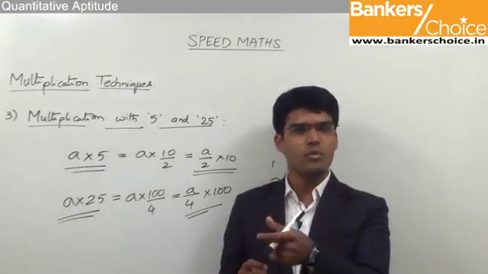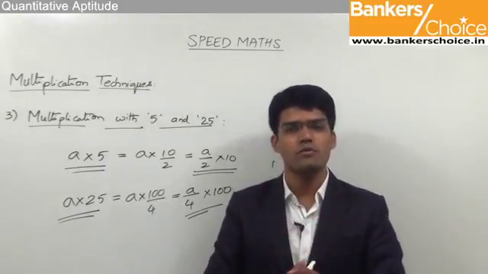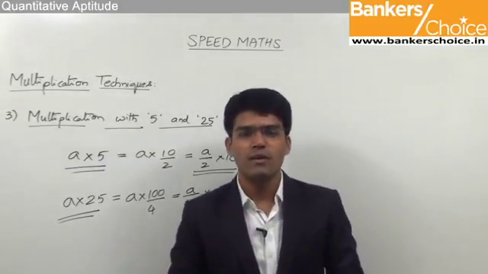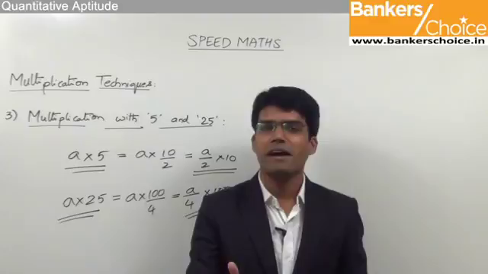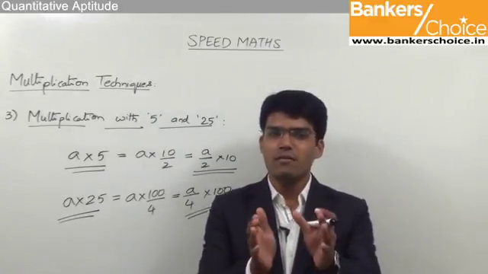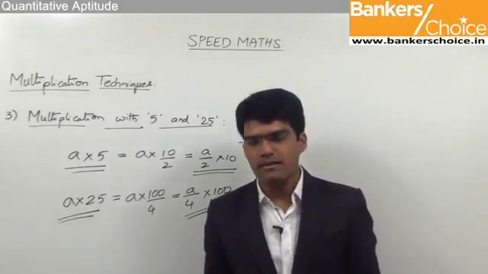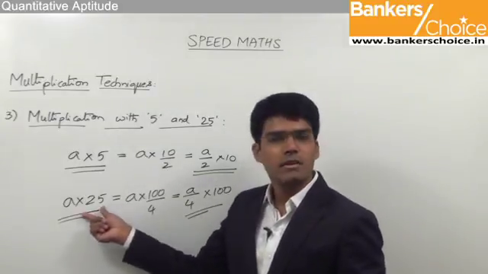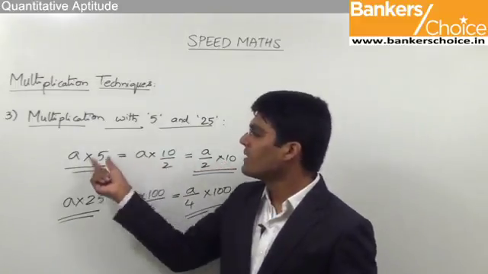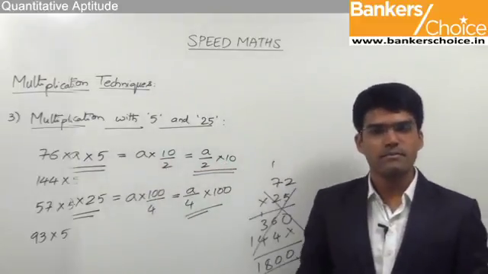So 19 and 0.25 makes 19.25. Into 100 is 1925. So 77 into 25 is 1925 without writing anything on paper. So simply take 1/4 of the number and multiply with 100 whenever you have to multiply with 25, and take half of the number and multiply with 10 whenever you have to multiply with 5.